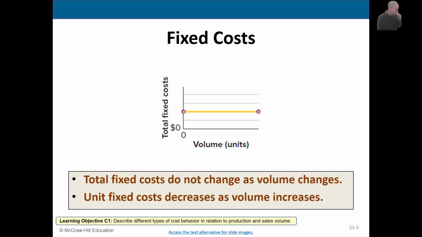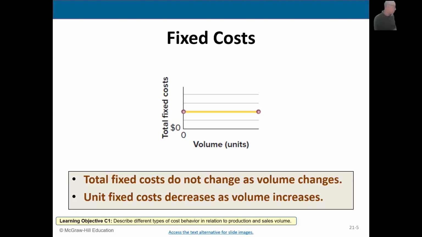There's a couple of things that you learned over the past few weeks when we've been talking about cost. As you know, the cost to make a product involves direct materials, direct labor, and factory overhead.